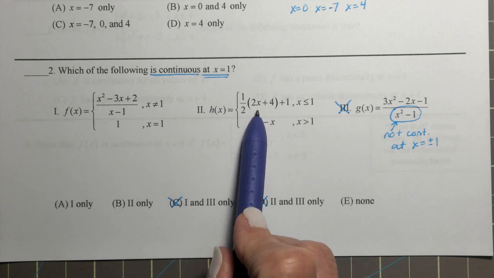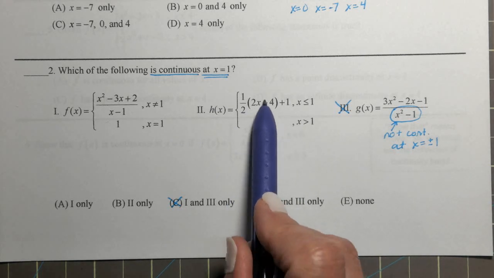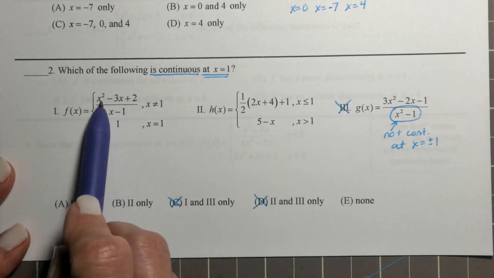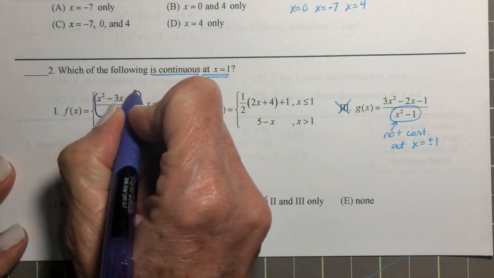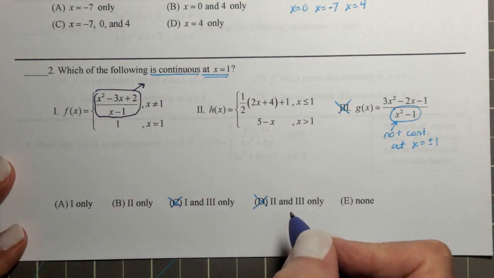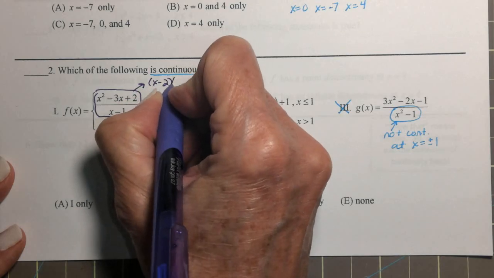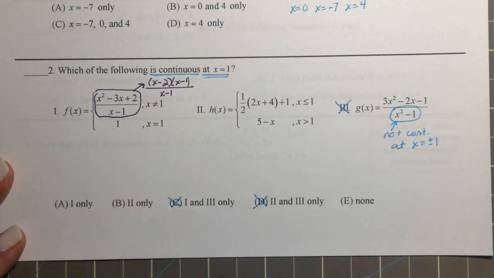Just the way this piece is defined, both these pieces are very simple. This is defined to be a rational function. A rational function, I would go ahead and factor and see if I need to reduce it. So that factors into x minus 2 times x minus 1 on top, and on the bottom we have an x minus 1.